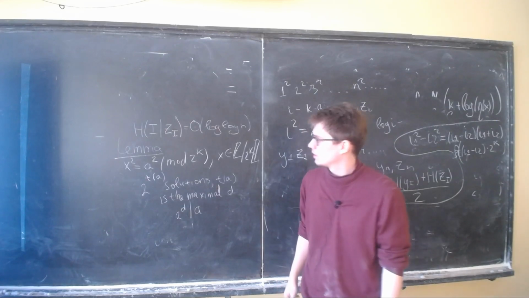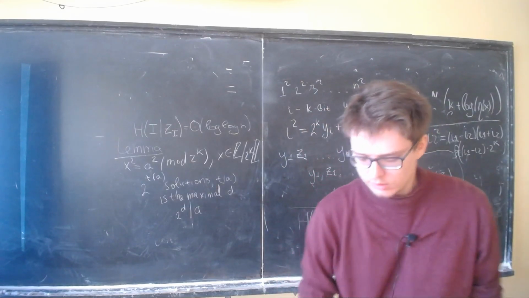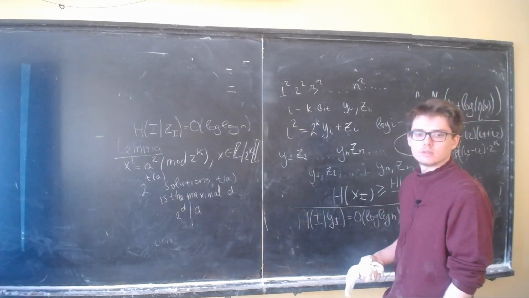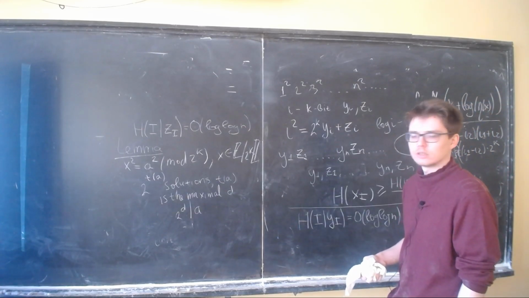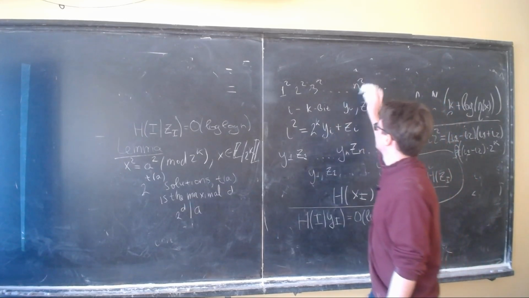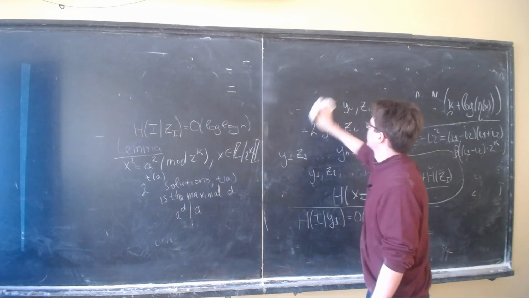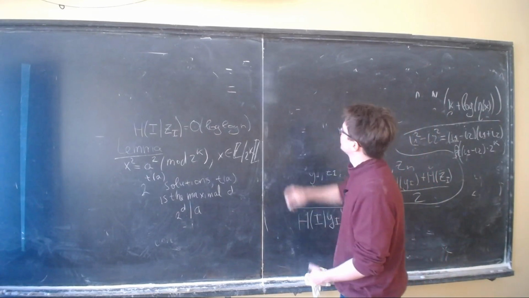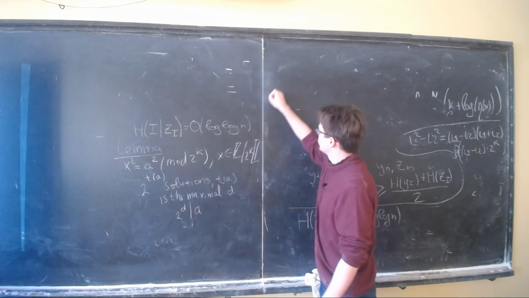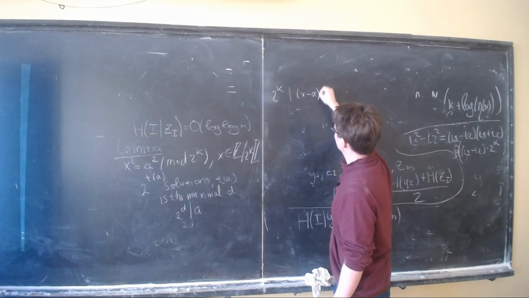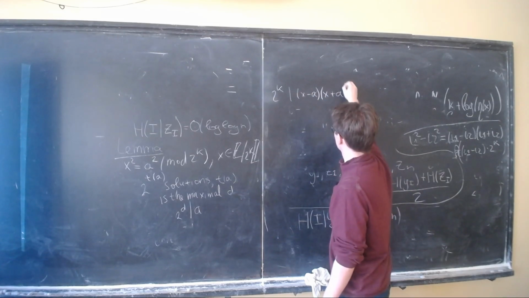Because on average t of a is small, it will have small entropy. So why is that? If this is true, then 2 to the k divides x minus a multiplied by x plus a.